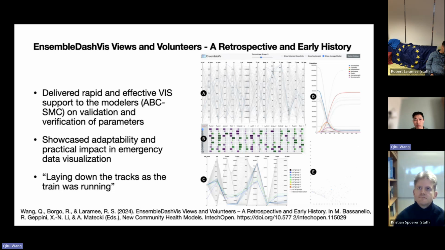So what I learned from that project is basically how to communicate with non-vis background researchers and show them what visualization can do, how it can practically support their research.